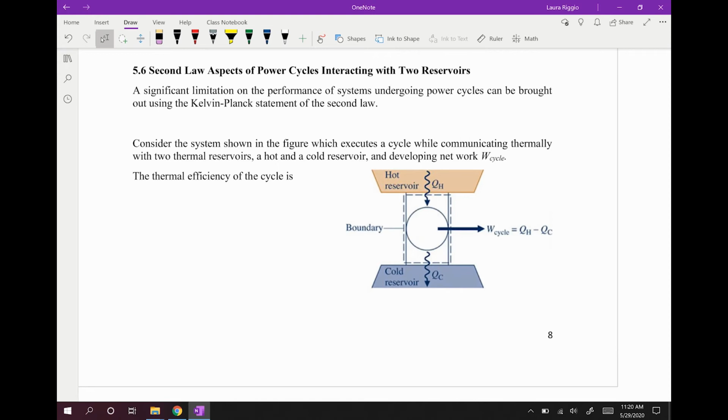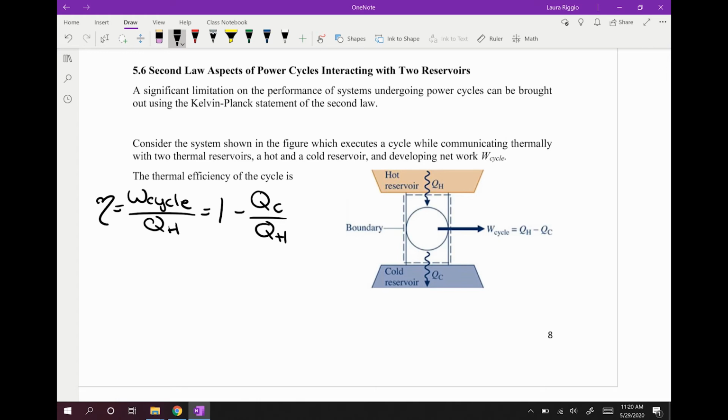If we consider the system shown in the figure, which is executing a cycle while communicating thermally with two thermal reservoirs, a hot and a cold one, and developing a net work out, our thermal efficiency is W cycle over QH, which is 1 minus QC over QH, where QH is the energy received by the system from the hot reservoir, and QC is the amount of energy discharged from the system to the cold reservoir by heat transfer.